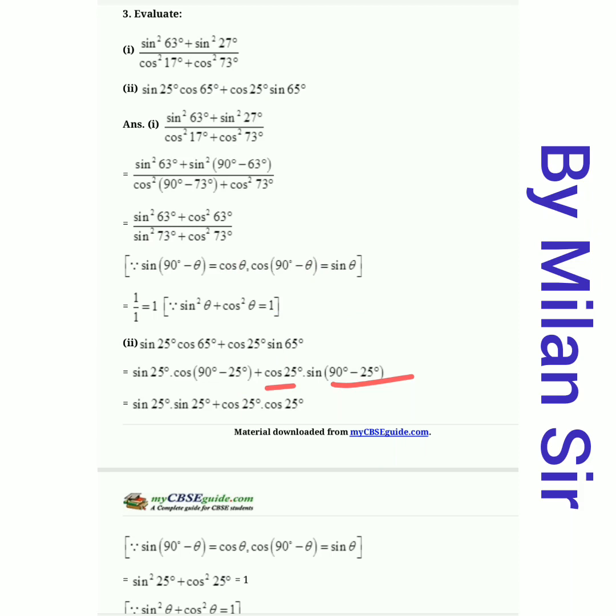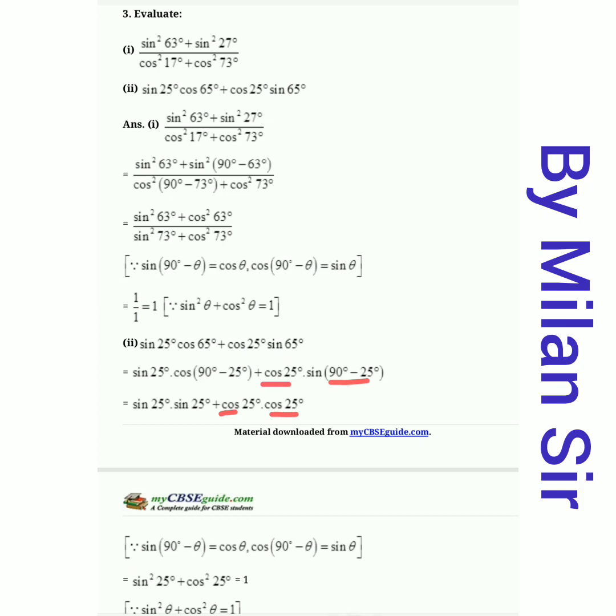Again, first term as it is, sin 25. Now here cos(90 minus theta), the answer is sin theta. Theta is equal to 25. So the answer is sin 25. Plus again here cos 25 as it is, sin(90 minus theta) is cos theta, theta is 25, so the answer is cos 25.